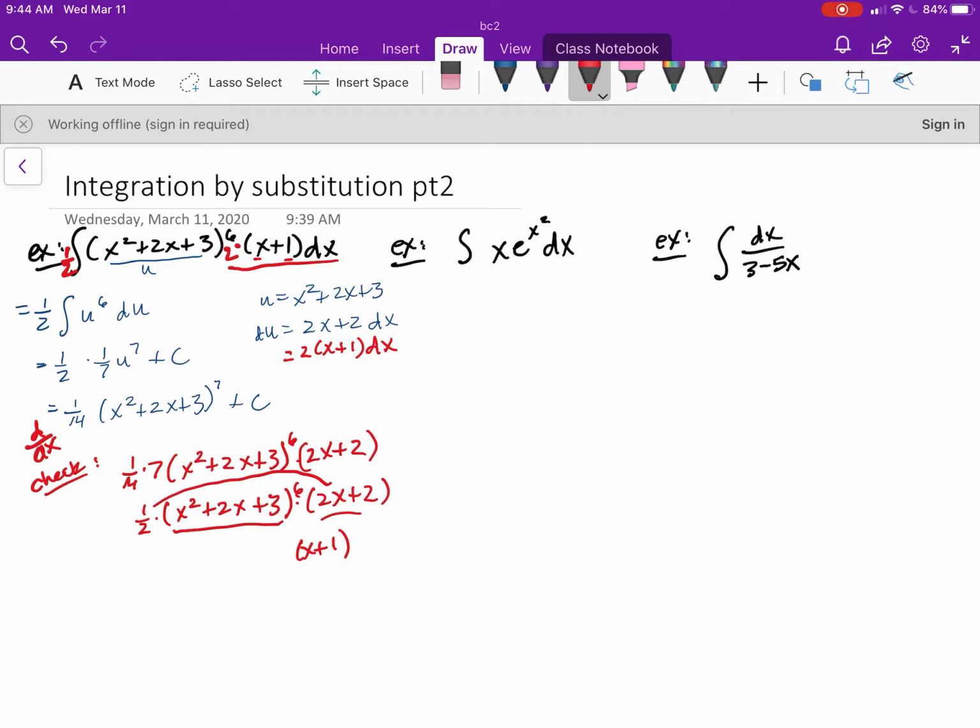So we are right back to where we started. Good to go. Okay, that was the correct result, 1/14th, parenthesis x squared plus 2x plus 3 to the 7th. And then remember your constant of integration. I didn't even mention that, but derivative of any constant, right, c is 0. So, good to go.